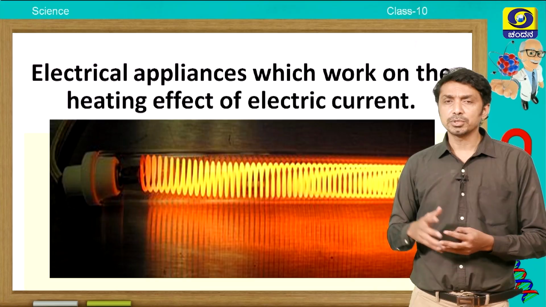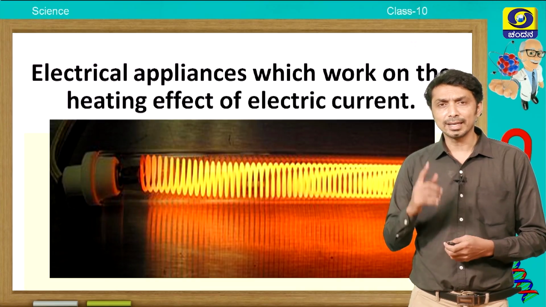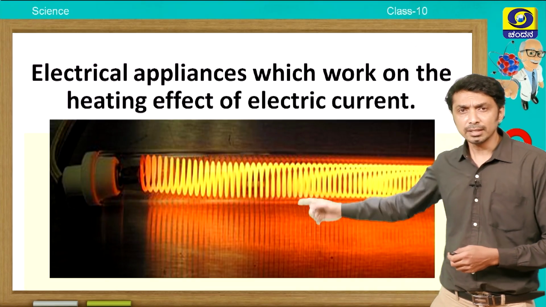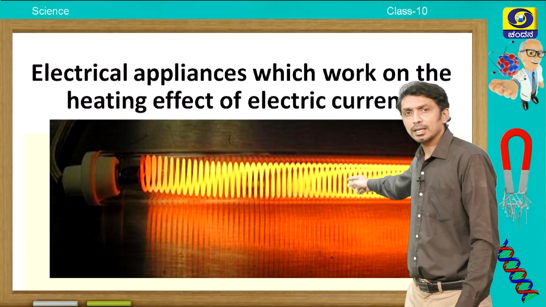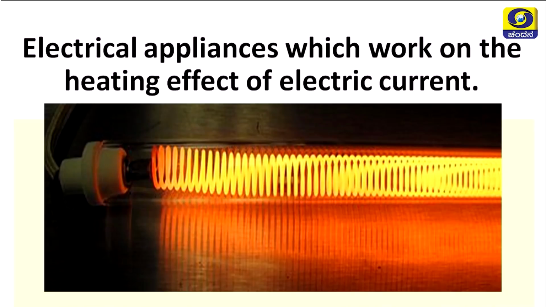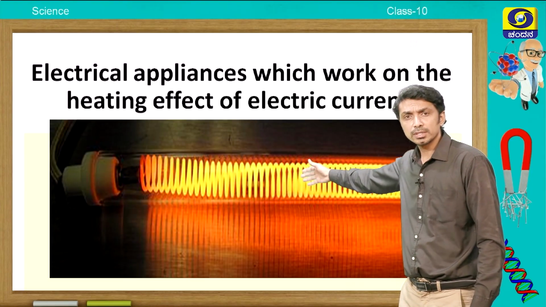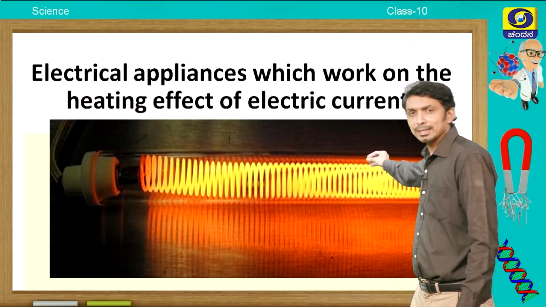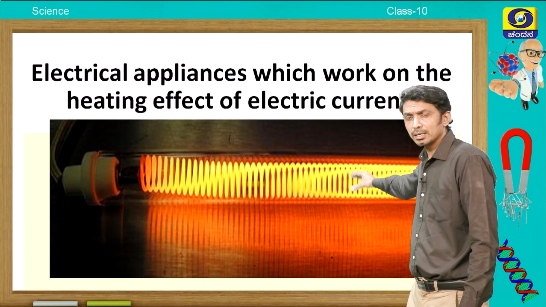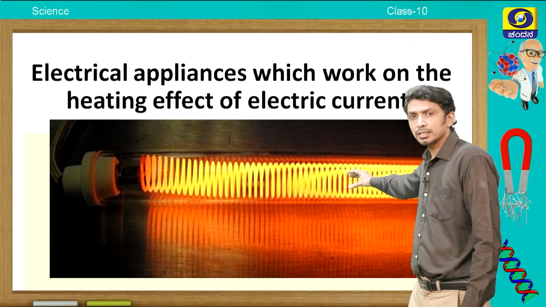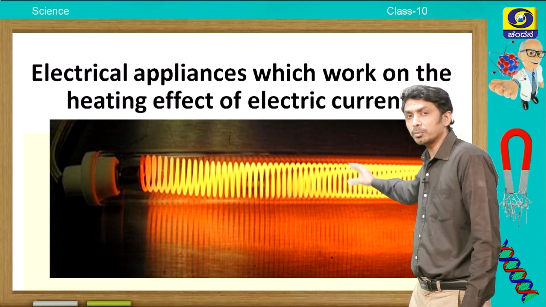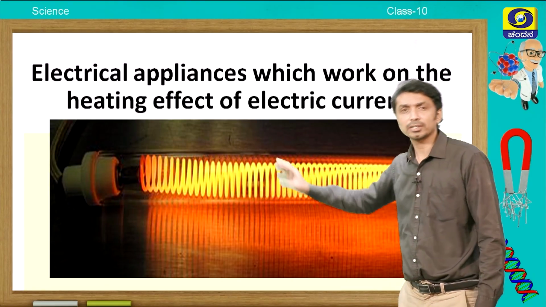Yes, I am sure you have thought the right answer. Here as you can see, this wire has turned red. The reason is the temperature of the wire is very high. As soon as the electric current flows through this wire, it puts across a huge amount of resistance to the flow of electrons.